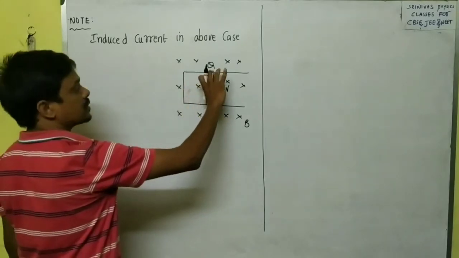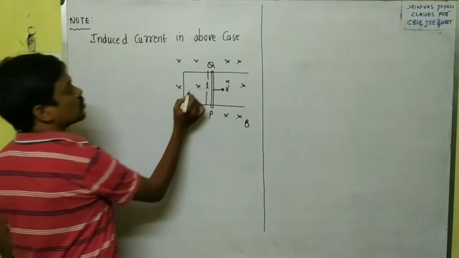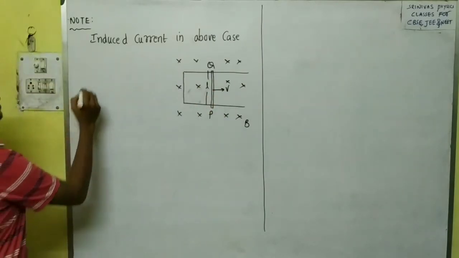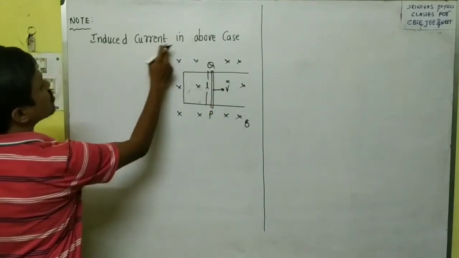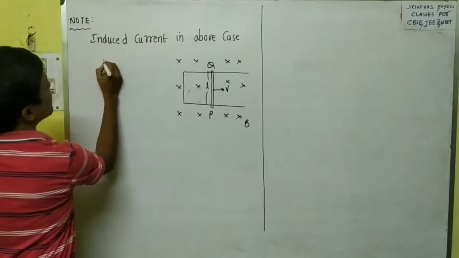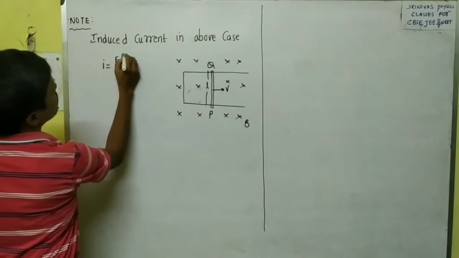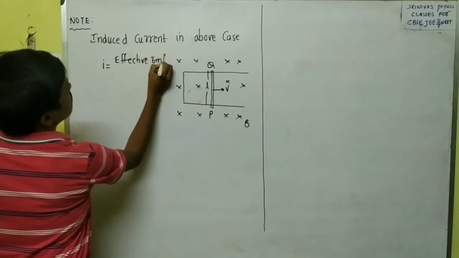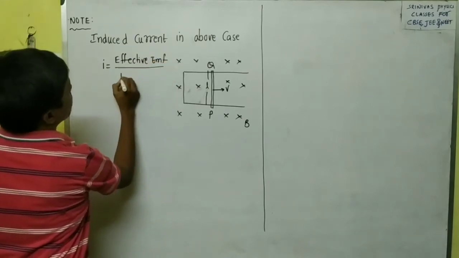Induced EMF across the PQ conductor is BLv. Now some current flows in this loop. If I want the induced current in the loop, the current is equal to effective EMF by effective resistance.